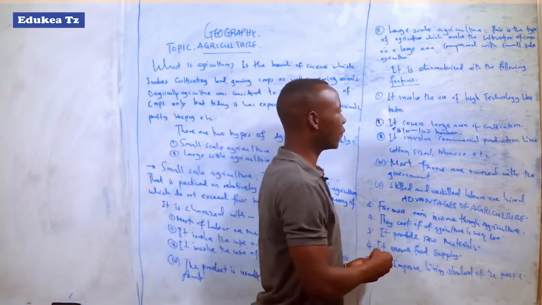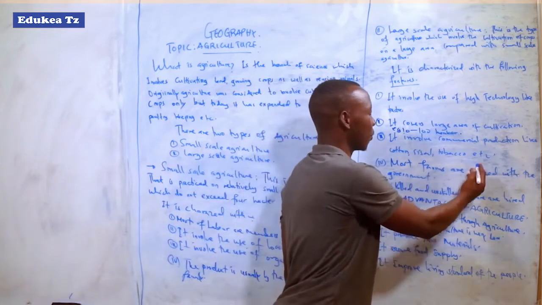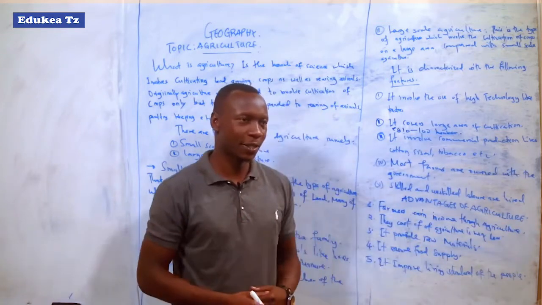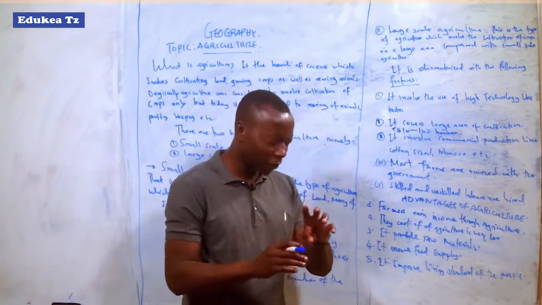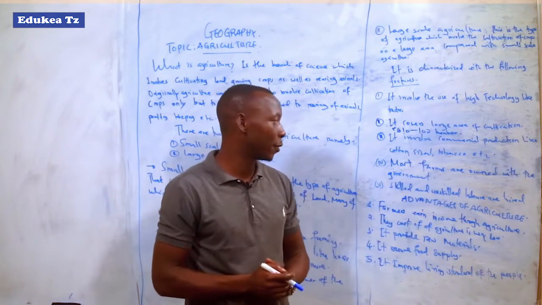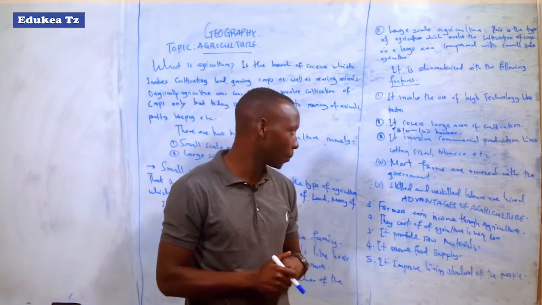Another feature is that it involves commercial production like cotton, sisal, tobacco, etc. It is true, my dear students, that this type of agriculture involves production for commercial purposes and not for domestic use.